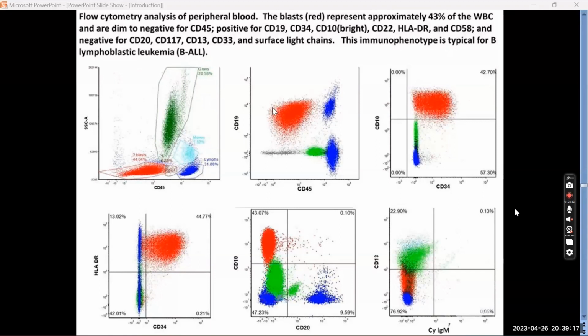Now, if I want to interpret whether this particular blast population is positive or negative for CD19, I need to see with these two internal controls. You see, this population is lying above this particular population. So this is positive for CD19. I never see this scale. This scale can mislead you. Okay. So that's how you need to interpret.